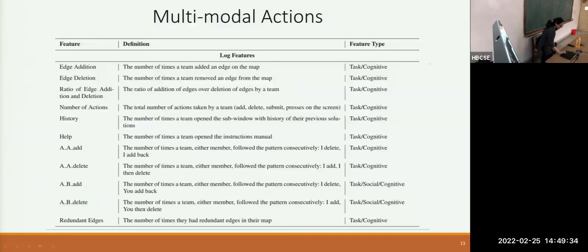And these last four measures are derived measures, but they are interesting because they portray a certain kind of evaluative action, where a person deletes and then immediately adds back, or adds and then immediately deletes. These kinds of complex actions signify that they were doing some meaningful interaction, which means that they were thinking about their actions.